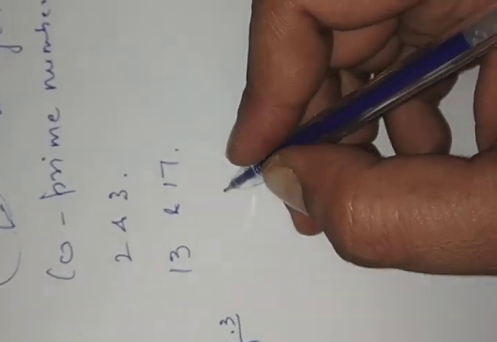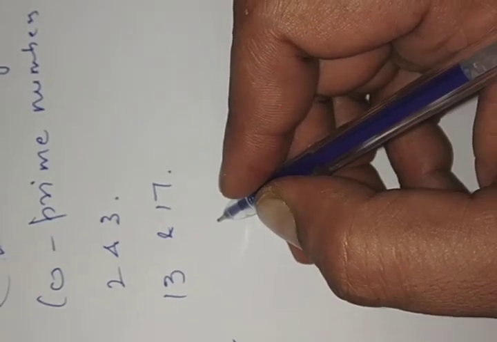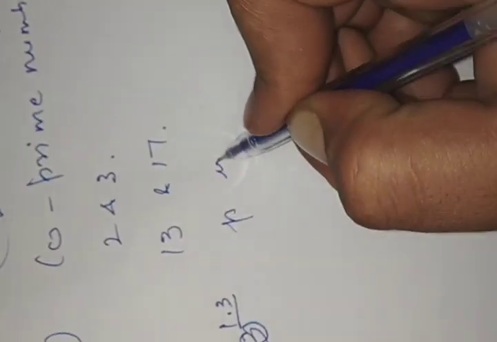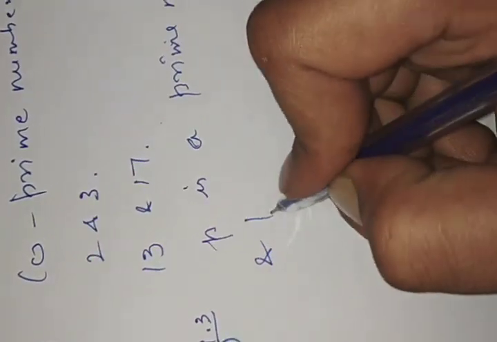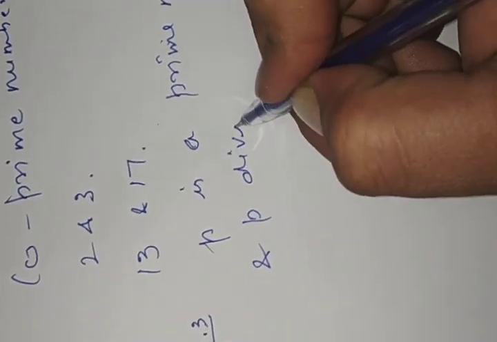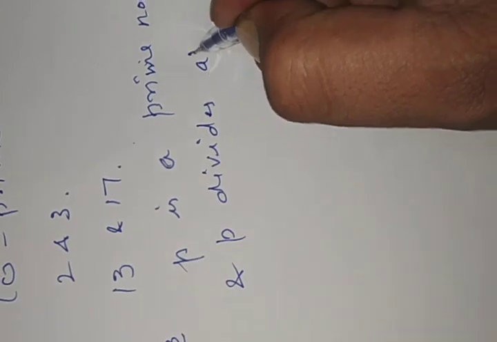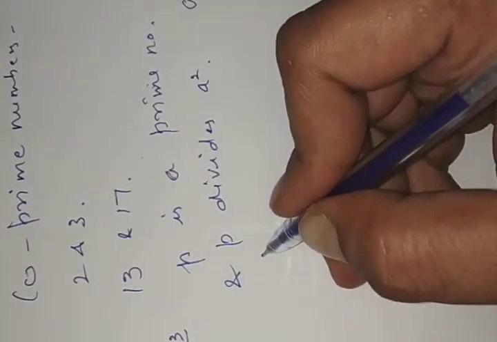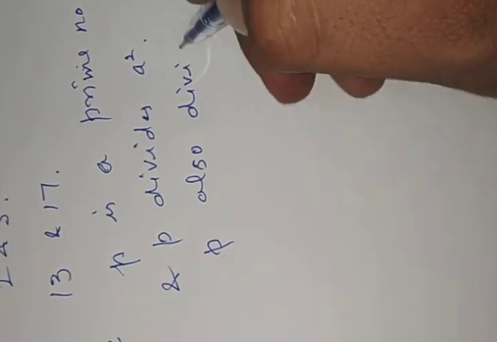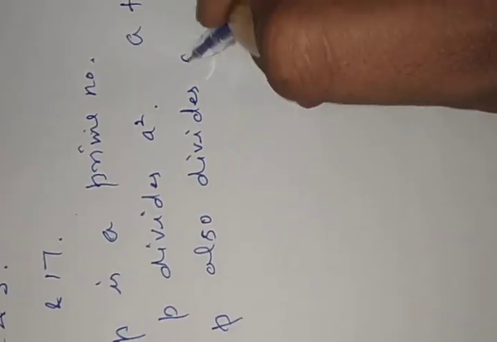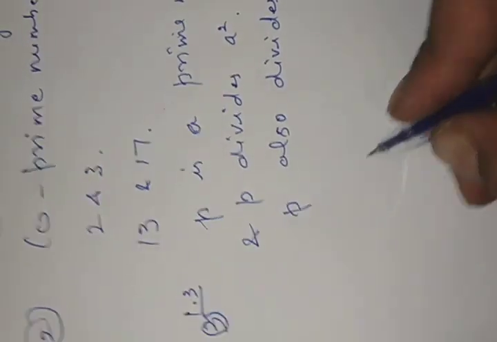According to this theorem, if P is a prime number and P divides a square, where a is a positive integer, then P also divides a.